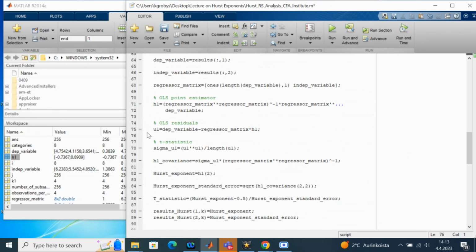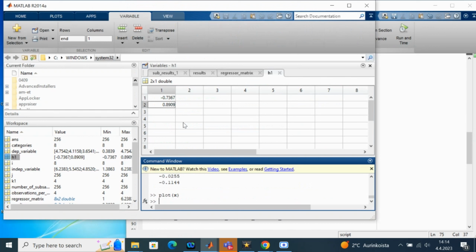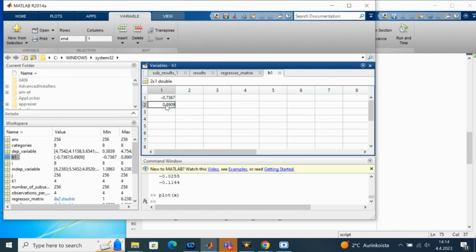So now we have estimated our regression residuals, and why do we need that? Well, we need to estimate the variance of our Hurst exponent in order to be able to test whether our point estimator 0.89 is statistically significantly different from 0.5. We know 0.5 defines a process that is independent, respectively memoryless.